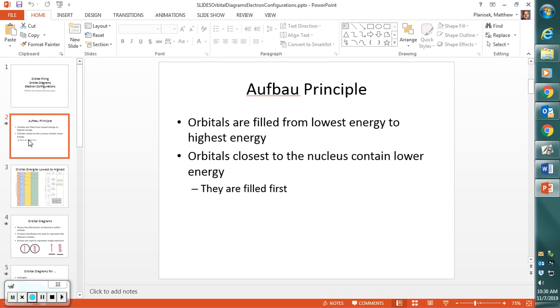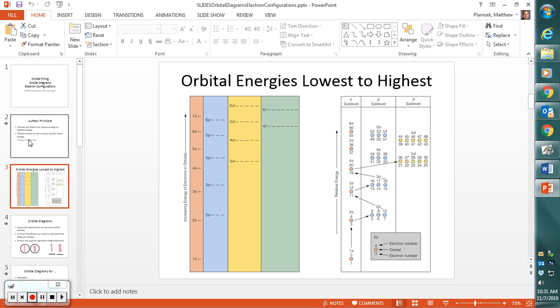So, Aufbau principle essentially says what? Sam, good. We fill up orbitals from lowest energy first to highest energy last, right? And so we have this chart here that represents the Aufbau principle and shows us which orbitals are the lowest energy, which ones are next lowest, et cetera.